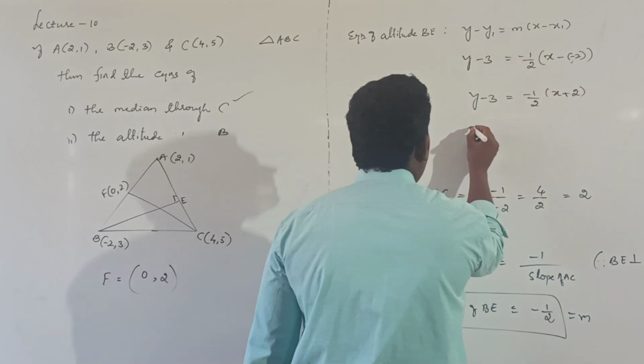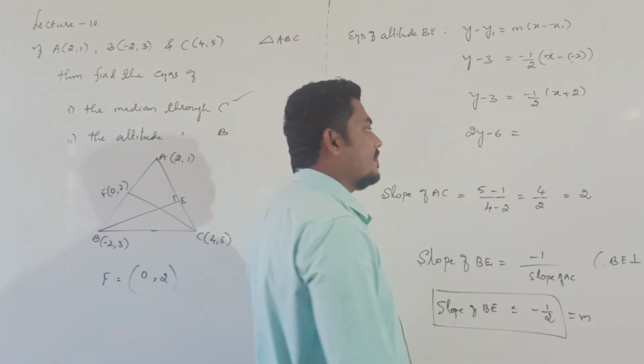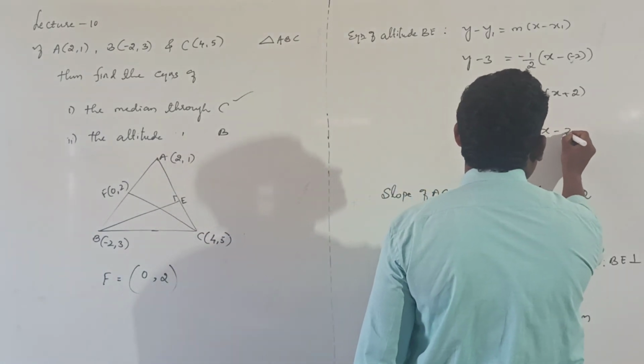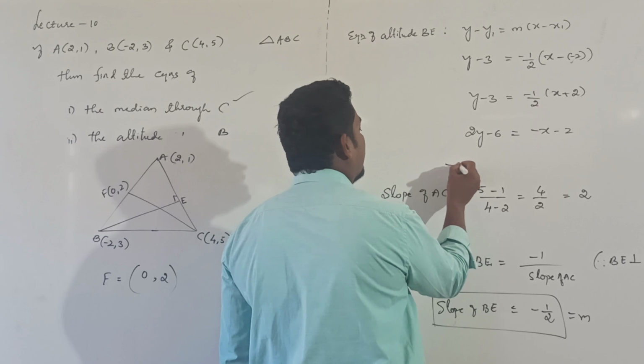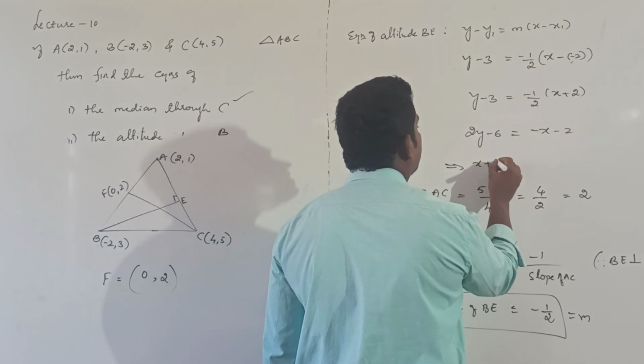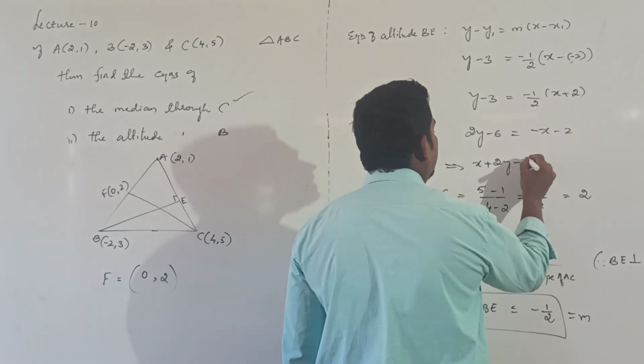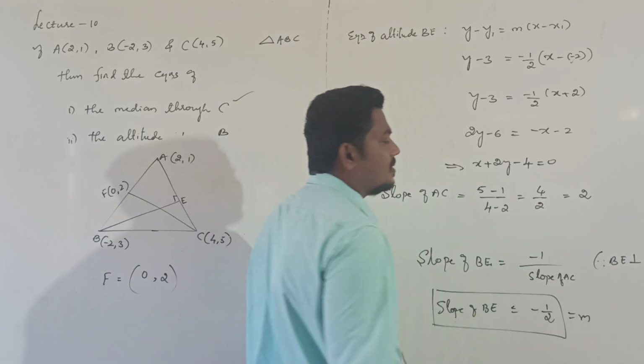After that cross multiplication, 2y minus 6 equal to minus x minus 2. Take these two terms into LHS or else send it to RHS. X plus 2y, if you take this term, then it will be minus 4 is equal to 0.